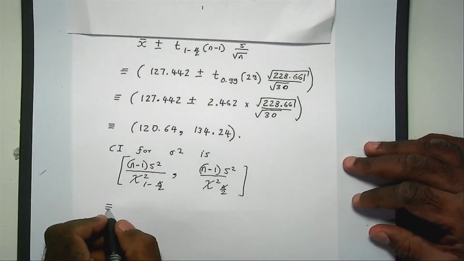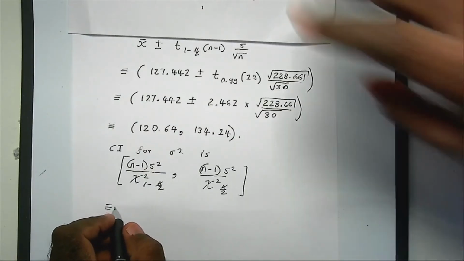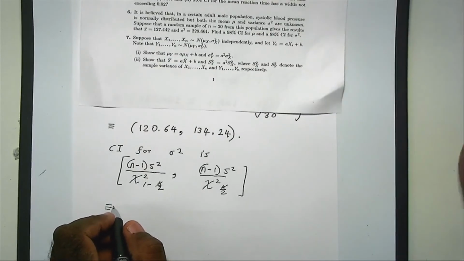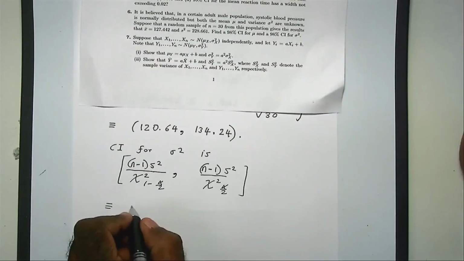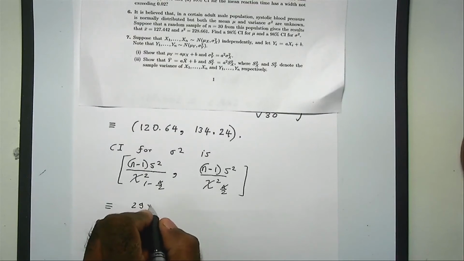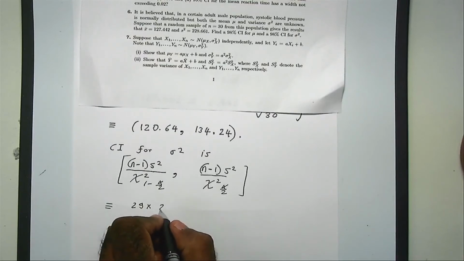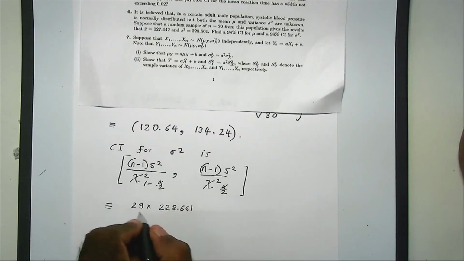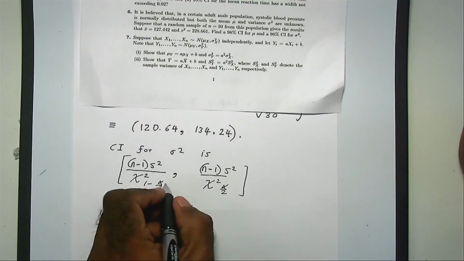N is 30. You can read this in the question, guys. N is equal to 30. So it's 29 times s squared, which is 228.661, divided by chi squared with n minus 1 degrees of freedom.